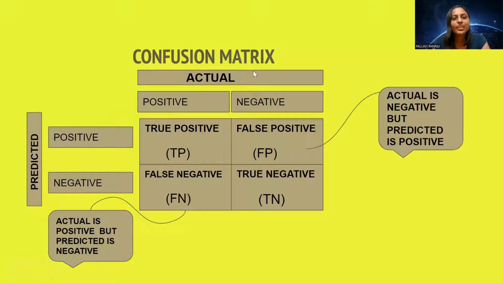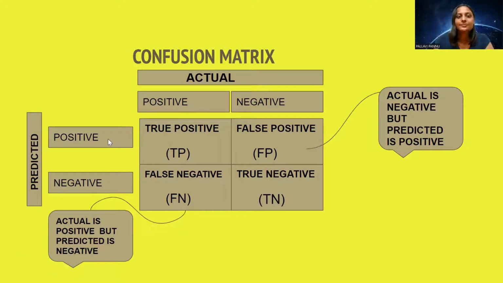In the confusion matrix, you can see the actual and the predicted. We are building a model, and we are interested in the actual values that are already there and the predicted ones, so what is your model predicting? We have to play with these actual and predicted values. Now, what are the possibilities?